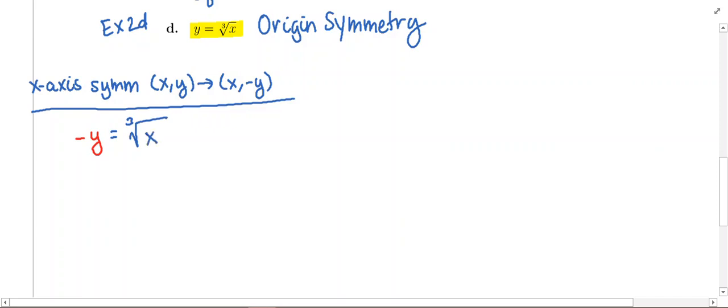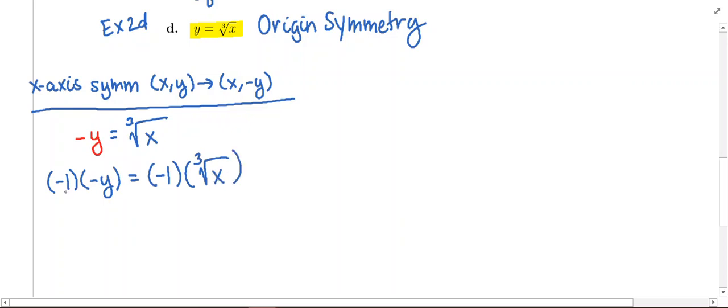Now we need to simplify this if we can. We need to compare apples to apples. The original equation has y equals, but we have negative y equals. We want this equation simplified to say y equals, so we can compare it to the original equation in yellow. To make this happen, I am going to multiply both sides by -1.